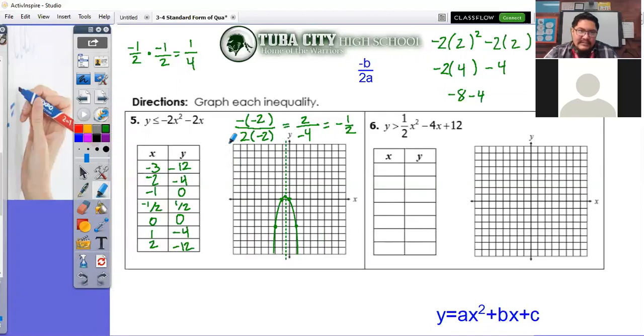Next order of business is to shade one side. So the mouth is open away from the Y. So that means we shade the bottom. There we go.